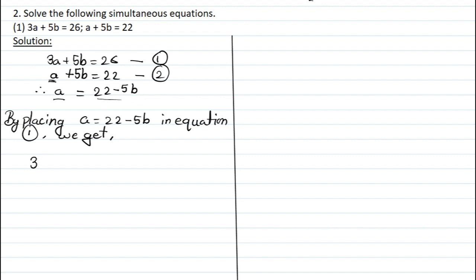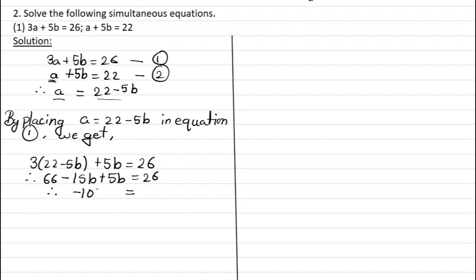Instead of a, we will write 22 minus 5b, plus 5b equals 26. Now solve this. 3 times 22, 66, minus 3 times 5 is 15b plus 5b equals 26. This 66 will get shifted to the other side and becomes negative. Here we are left with minus 15 plus 5, which equals minus 10b.